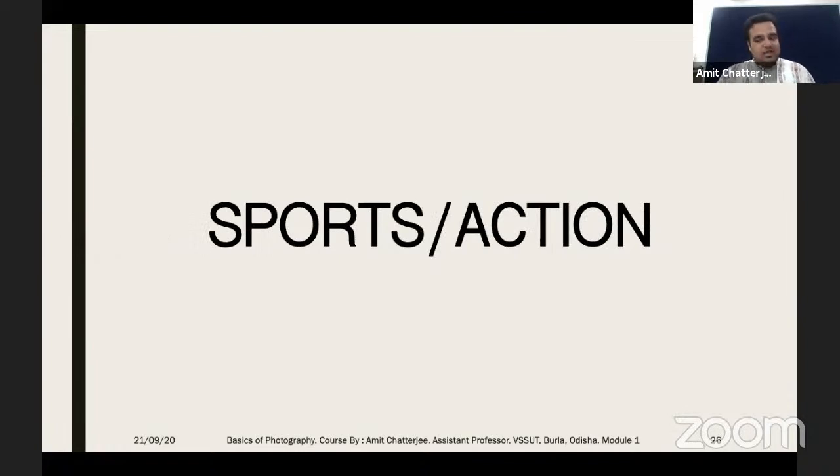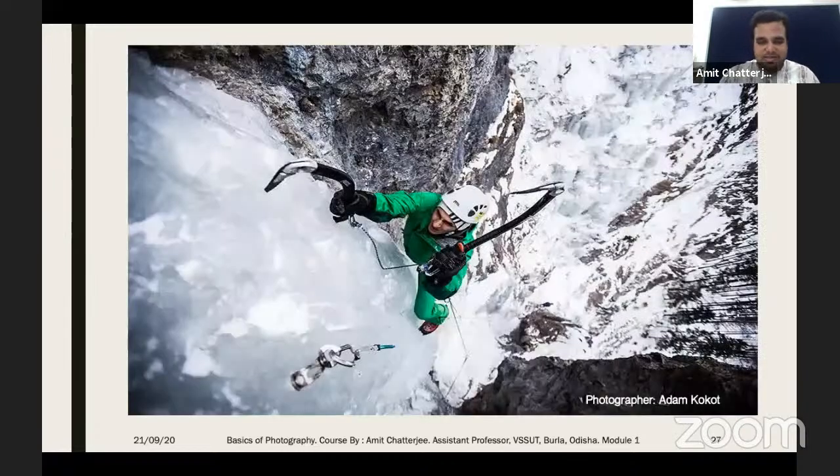The next that we are talking about is sports and action, and this is one of the most dynamic photography genres that there is. These days sports and action photography are more valued, and amazingly they get famous more than a good portrait photograph. The reason is you can see it in the photograph.